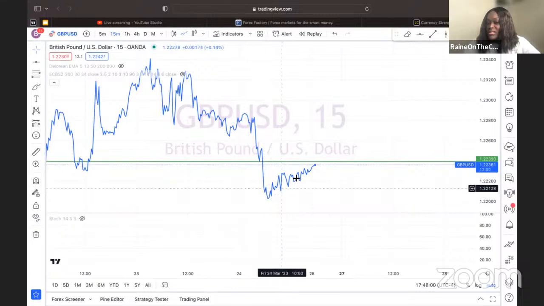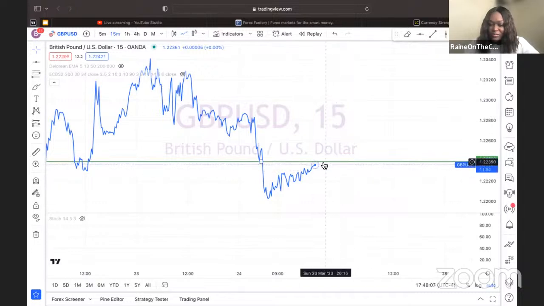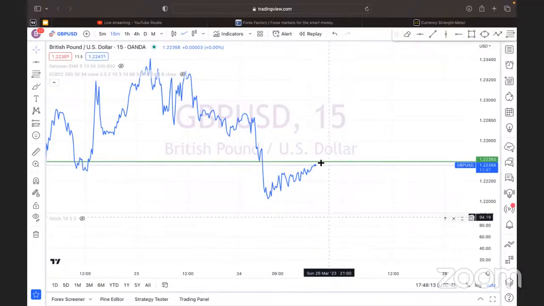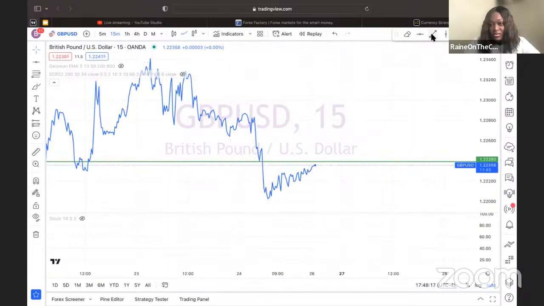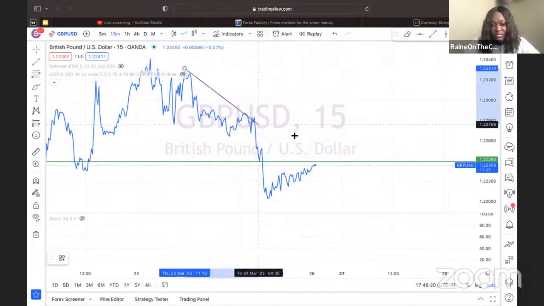So we needed to come back and retest here at 1.22393. And we can take this for a sell, right? It's in a downtrend, because we see it's going down.